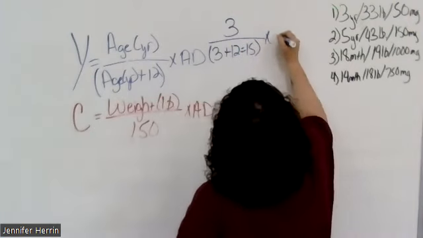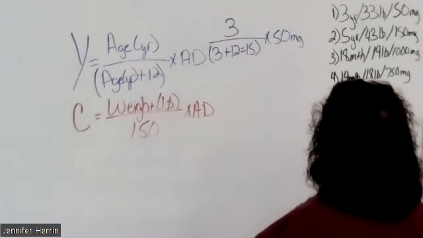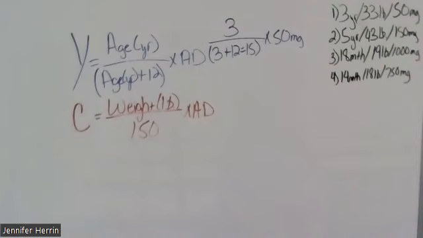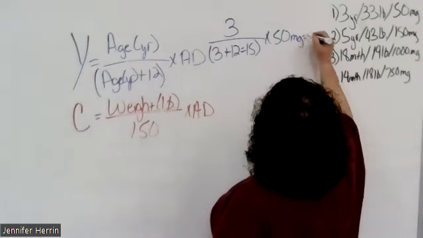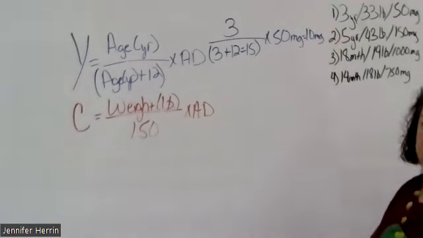And we're going to multiply that by that average adult dose, which is 50 milligrams. So 3 in my calculator, 3 divided by 15 times 50 equals, that comes to 10 milligrams.